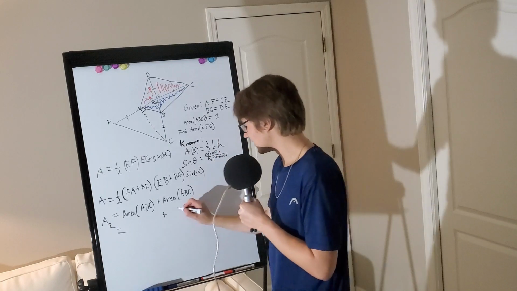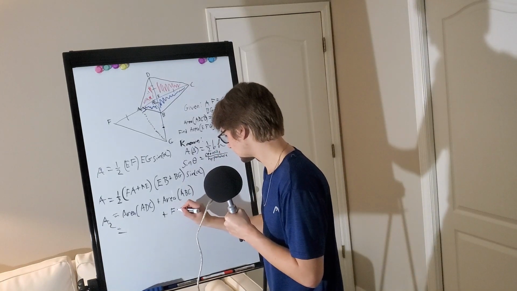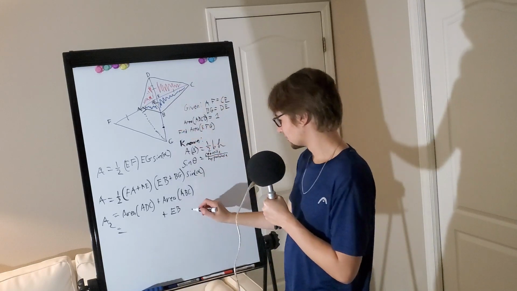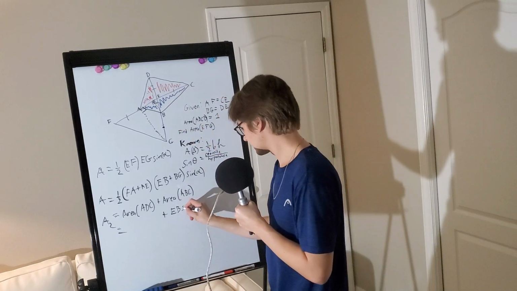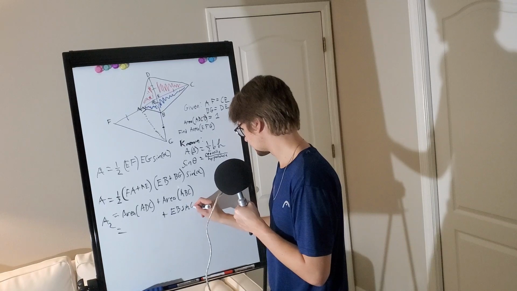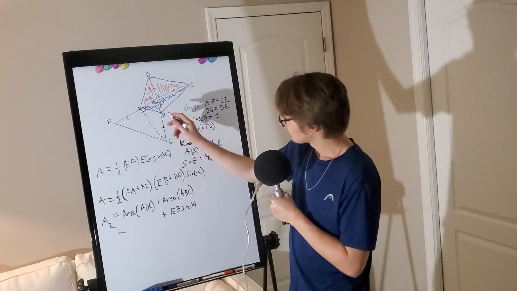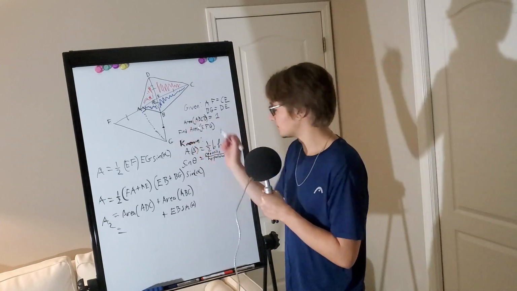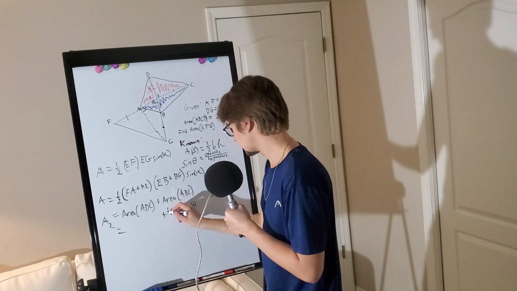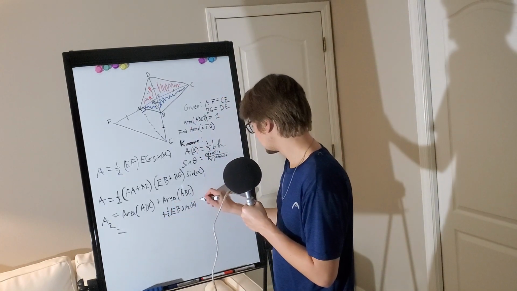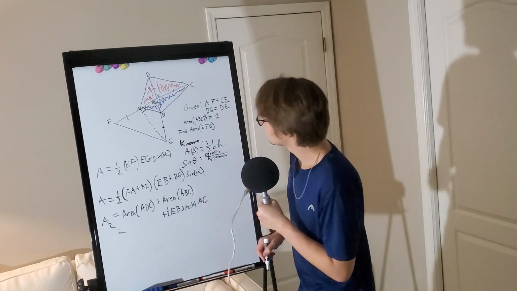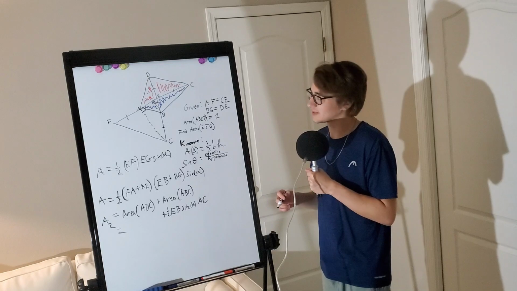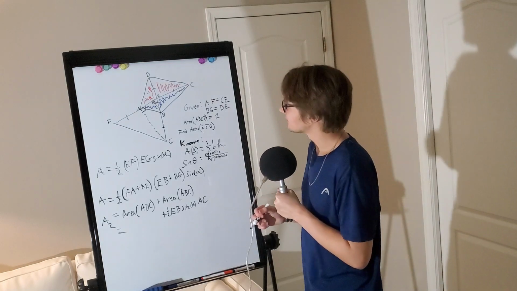So that would be EB. And then we take the sine of alpha. That would be the height, so we multiply by a half base, which would be 1/2 AC. All right, cool. What about the other triangle we have here?